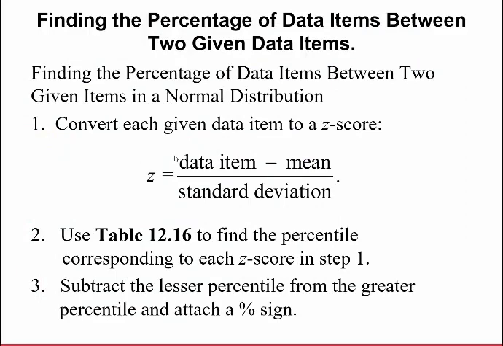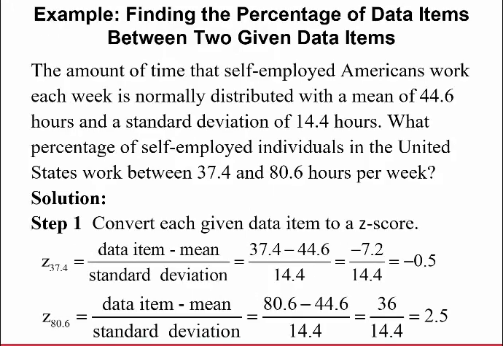Now you're going to have two percentiles. Then all you have to do is subtract the lesser percentile from the greater percentile and attach a percentage sign. So to find the percentage between two data values, convert each to a percentile, then subtract the two. Let's do this one.